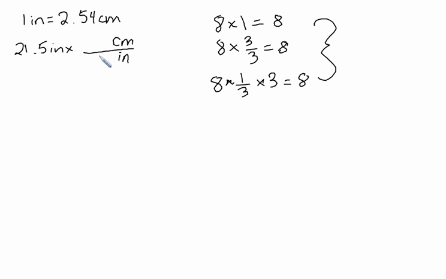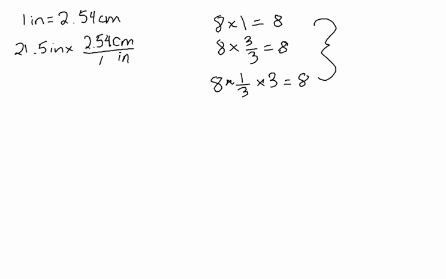We know that for every 1 inch, there are 2.54 centimeters. Okay, so you see how we're converting 21.5 inches by 1, right? This is 1. And if we do that, we know that the units have to cancel out.